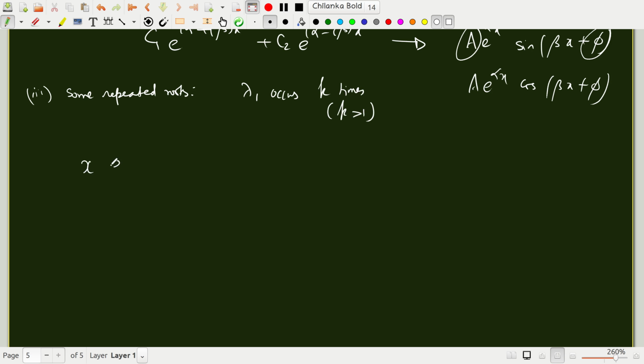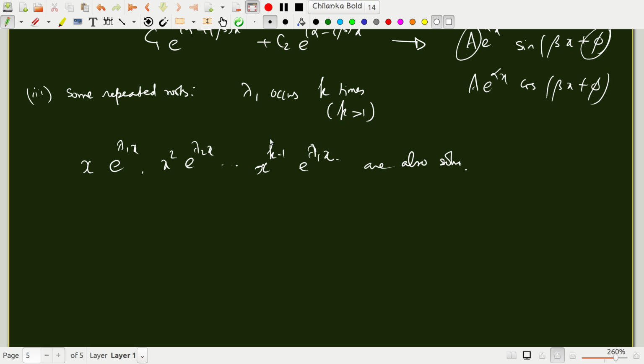So in that case you should have x e^(lambda_1 x), x^2 e^(lambda_1 x), up to x^(k-1) e^(lambda_1 x). These are also solutions, where lambda_1 is the repeated root, repeated k times.